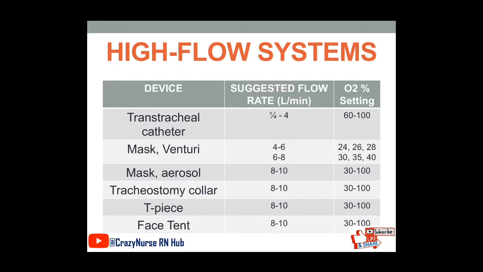We also have your tracheostomy collar, 8 to 10 liters per minute, delivering 30 to 100% oxygen concentration. We also have your T-piece, which delivers 8 to 10 liters per minute with 30 to 100% concentration. We also have your face mask or face tent, with 8 to 10 liters per minute, having 30 to 100% oxygen concentration.